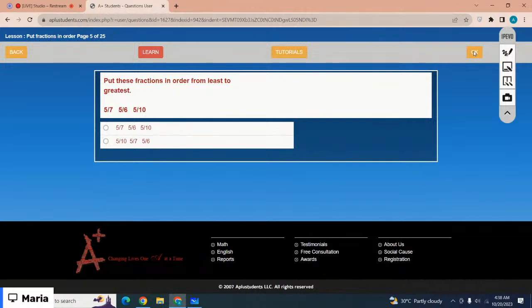The correct option is option number, that is the second one. Yes, 5 by 10, 5 by 7, and 5 by 6.